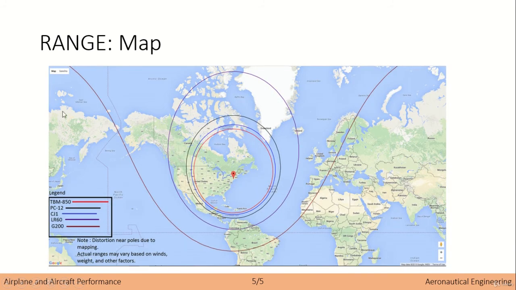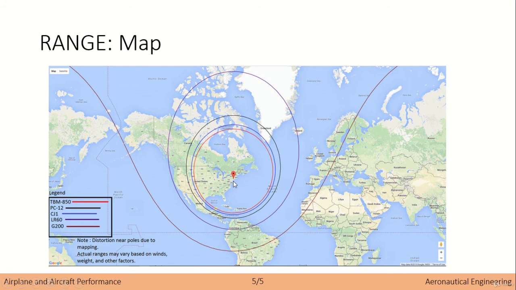Now, this is a map. I wanted to show you a little map of different distances. As we mentioned before, in comparative terms, this distance over here would be something like what an Airbus A320 or 737 could go. So the range of a normal commercial aircraft would be limited by this distance.